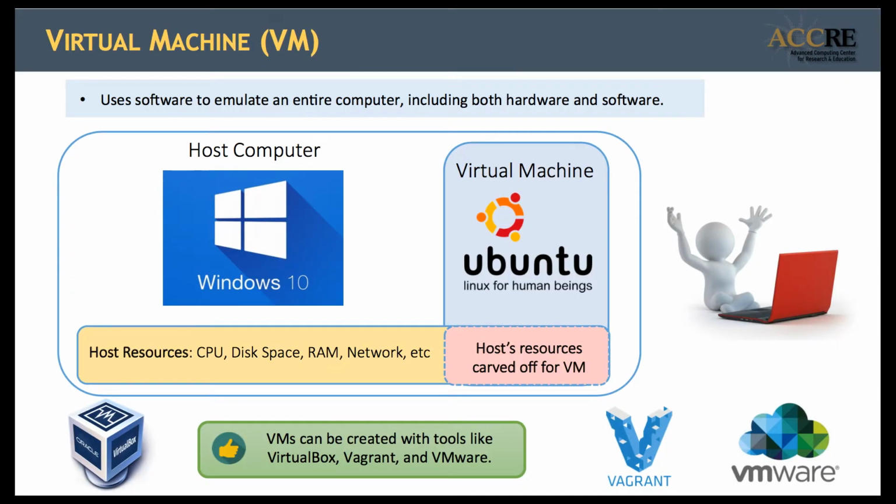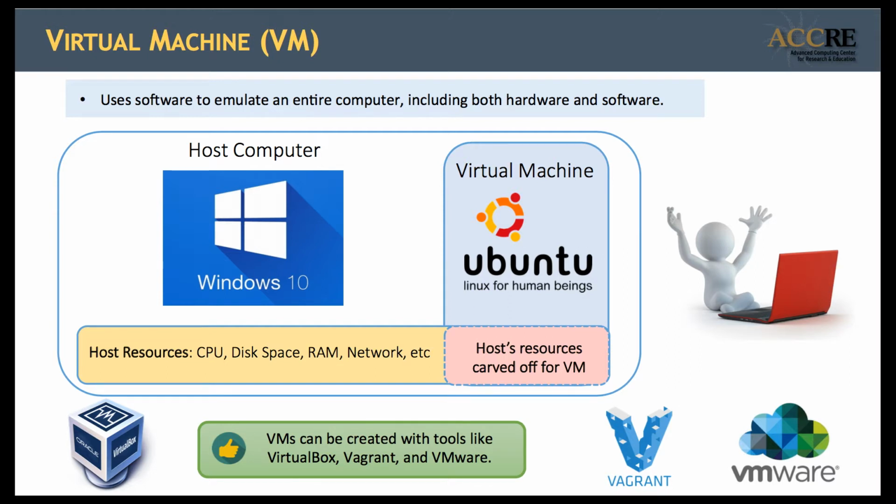Yeah, let's get started. I want to start by introducing in general the idea of virtualization. Historically, one of the first ways that virtualization was accomplished was through something called a virtual machine, or a VM. The idea with the VM is that you use software to emulate an entire computer.